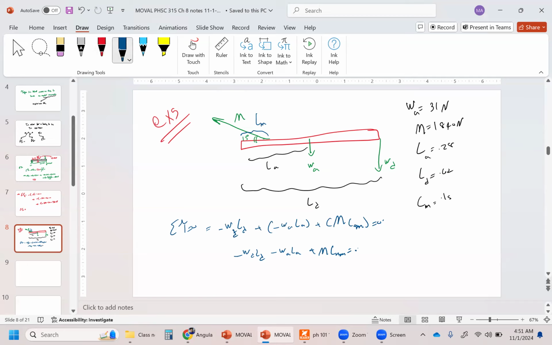All right, let's go ahead and solve. Actually, we don't have the weight of the dumbbell. That's what we're looking for.